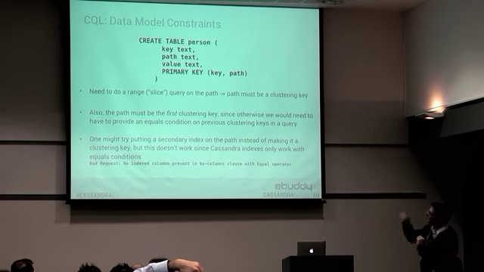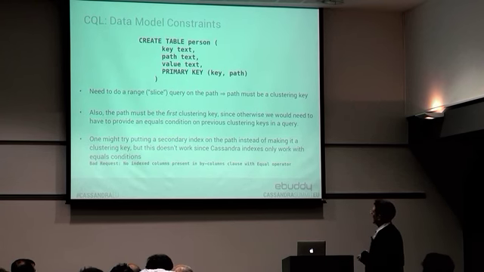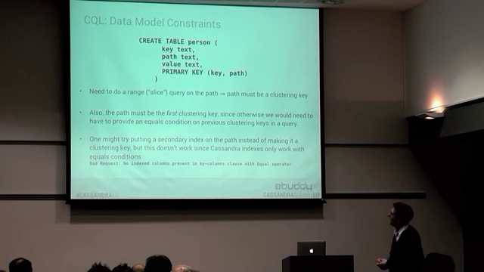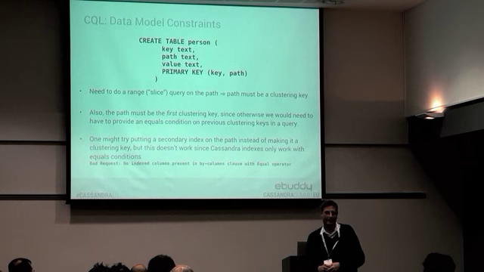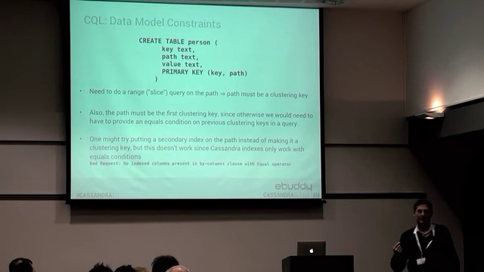It needs to do a range or slice query on the path, so the path must be a clustering key. It has to be the first clustering key, because otherwise we'd have to use an equals condition on the previous clustering keys in order to do the query. This is basically the constraints on what kinds of queries are possible to do with CQL.